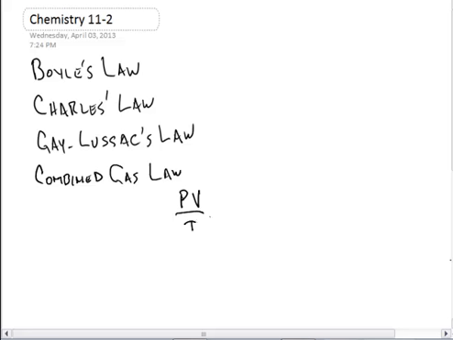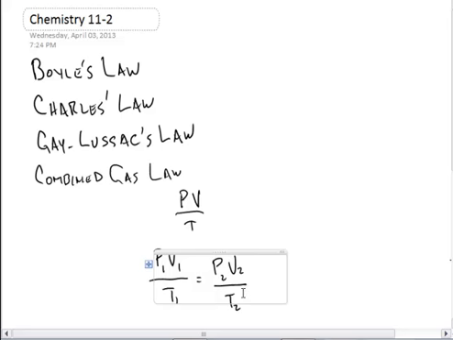If you can remember that, you can write out the combined gas law anytime you want it. Our combined gas law actually looks like this. P1 V1 over T1 equals P2 V2 over T2. All right, and the subscripts 1 represent an initial set of conditions.